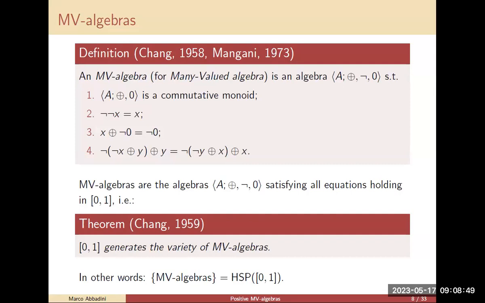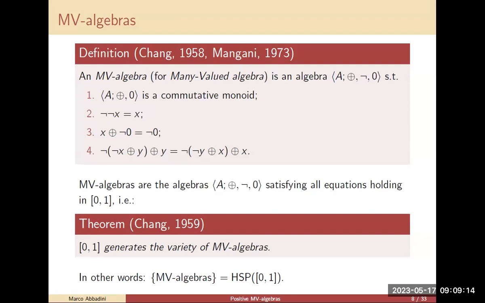It's a commutative monoid. The negation of not x is x, and x plus not 0 is not 0, and these other more complicated axioms. All these equations hold in [0,1], and they're just a finite base for the variety generated by [0,1].